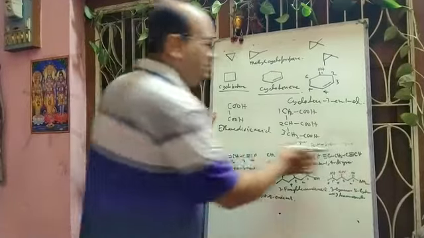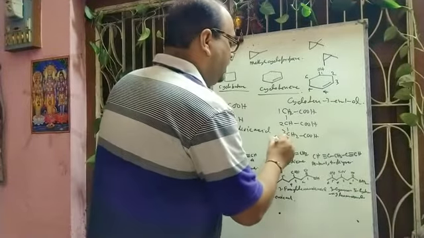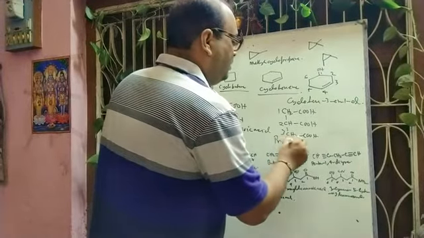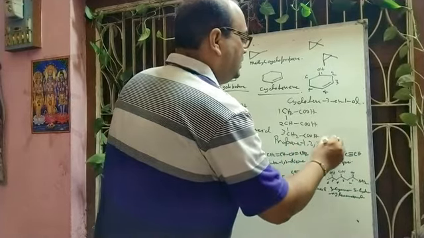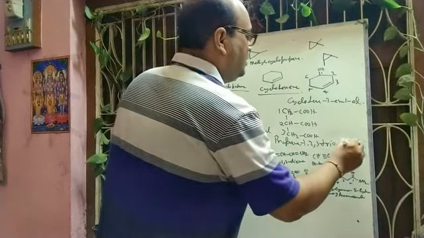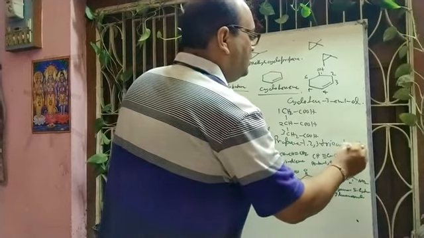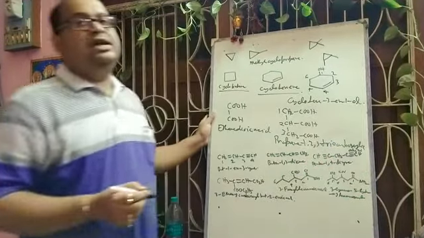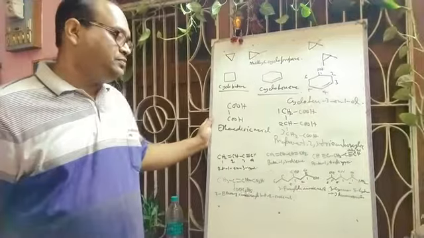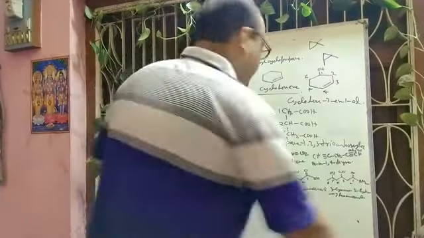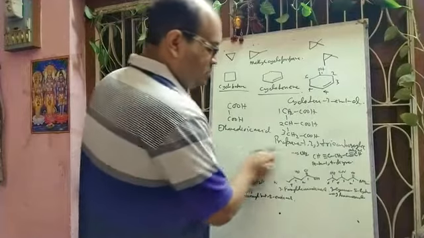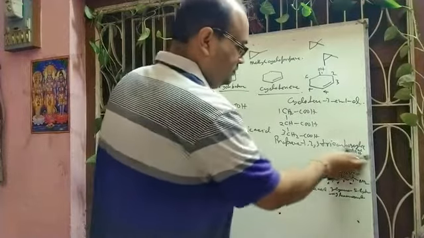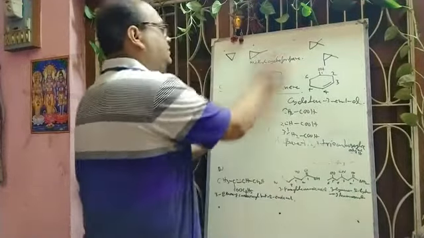So we have to give the name propane-1,2,3-tricarboxylic acid. In this way we have to write the names of complex types of compounds. Hope you can understand.